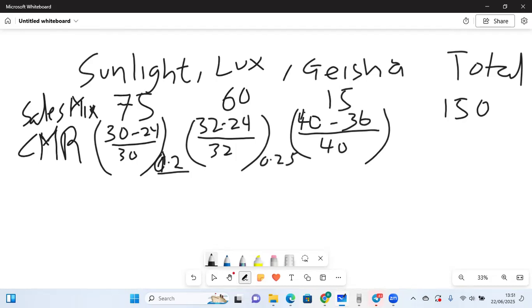Here it is going to be 4 divided by 40, and we get 0.1.